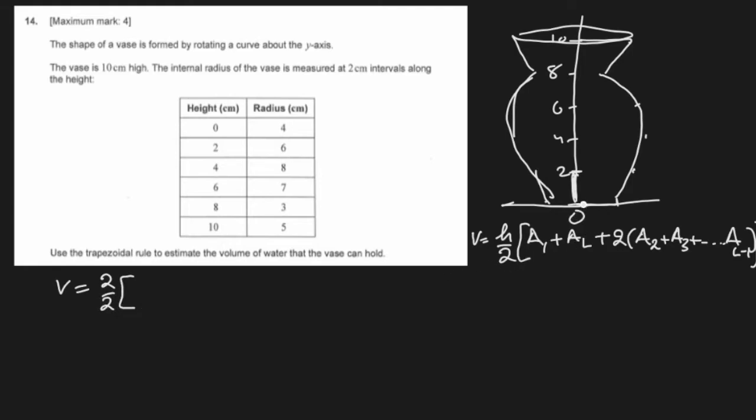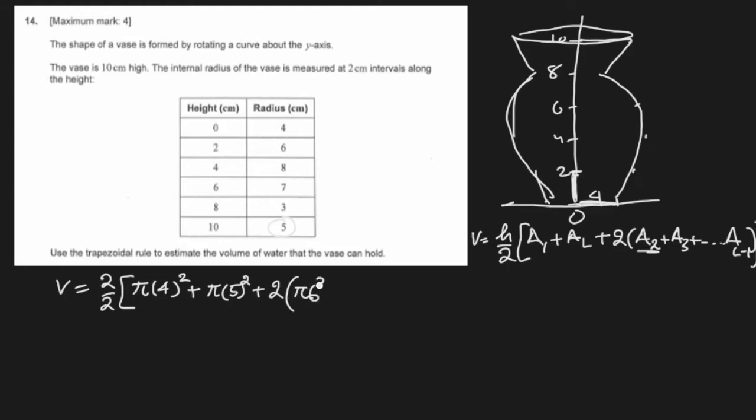First area will be with this radius, which was 4. So it will be pi r square, which is 4 square. Yeah, that's the radius. Then the last one is 5. So pi 5 square. Okay, added, then 2 times second area, we'll start with this 6.